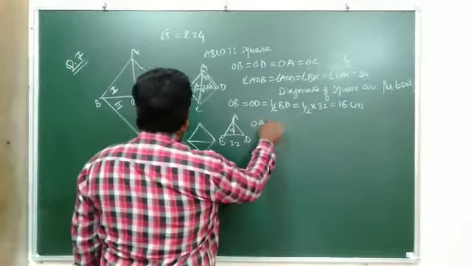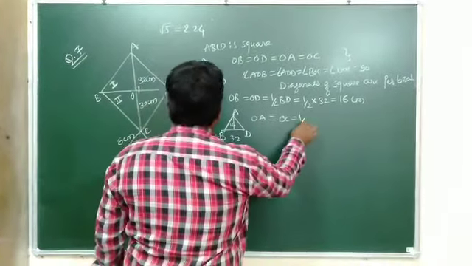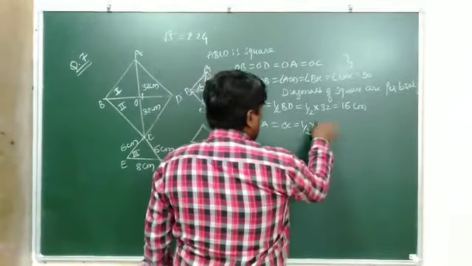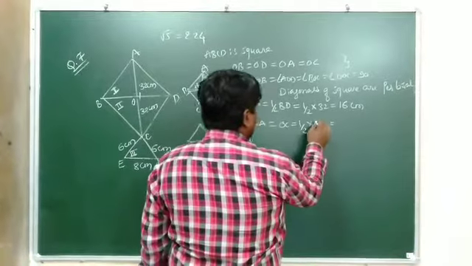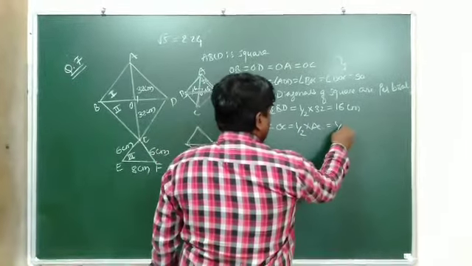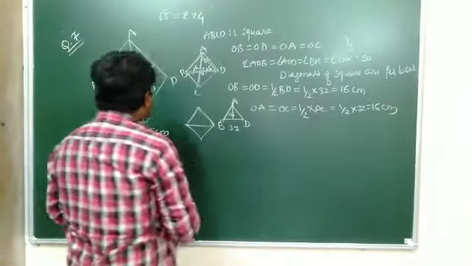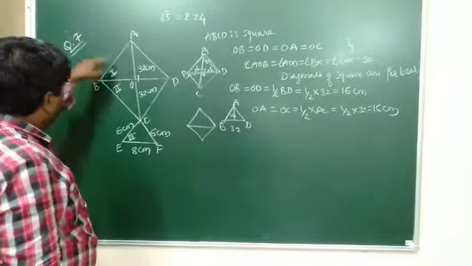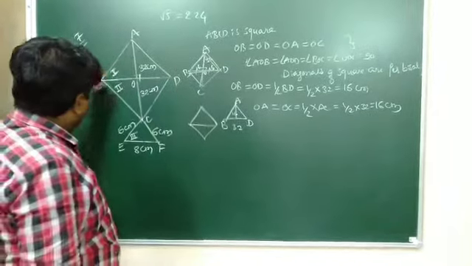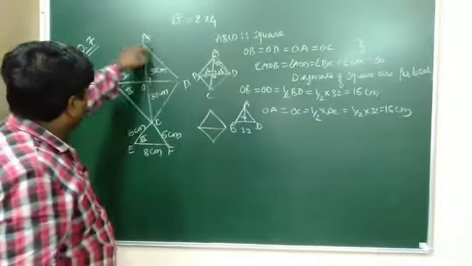OA equals OC equals 1 by 2 AC. 1 by 2 AC, how much? 1 by 2 of 32. So that is 16 centimeter. Now I am going to calculate the area of triangle ABD.